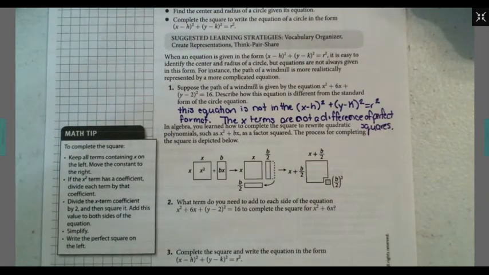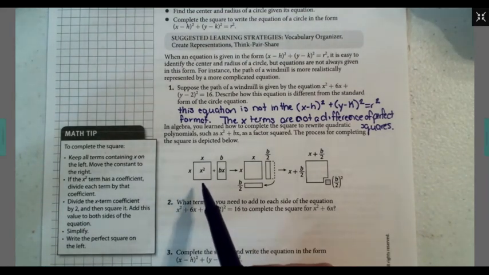It says in algebra, you learned how to complete the square to rewrite quadratic polynomials such as x squared plus bx as a factored square. The process for completing squares is depicted below.